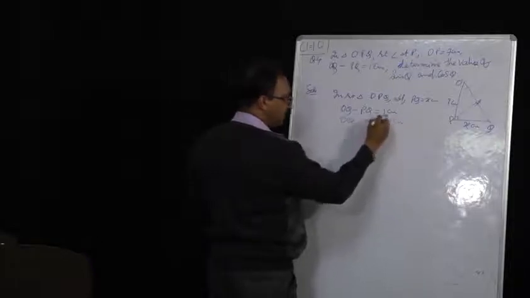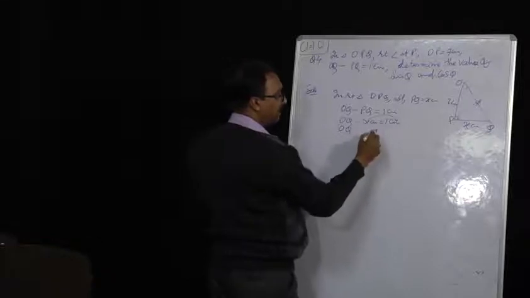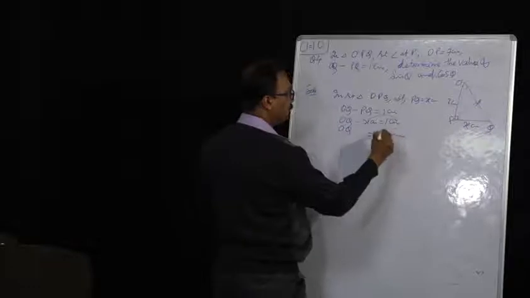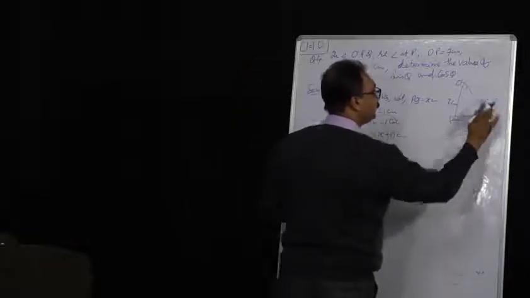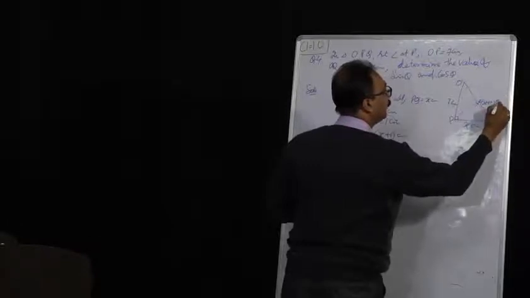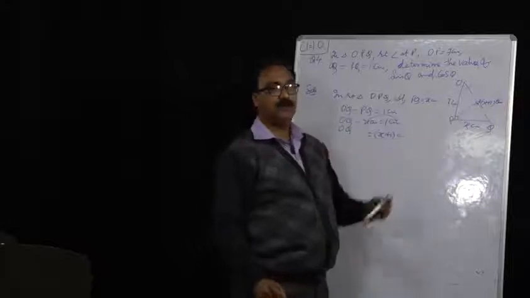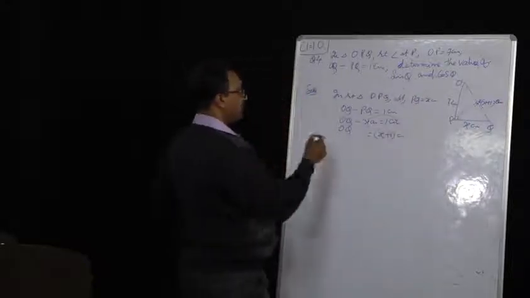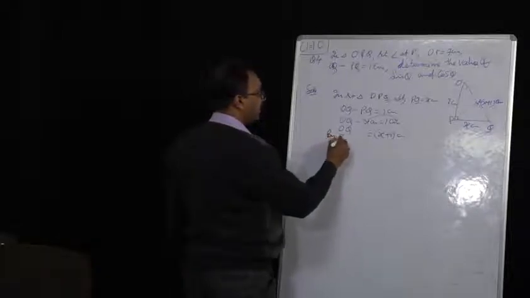This X you bring to that side. So OQ equals X plus 1 centimeter. So what you got here? X plus 1 centimeter. Now, we have to apply Pythagoras theorem in order to find the value of X. Then only you can easily find this value. Clear? So, you can write by Pythagoras theorem.